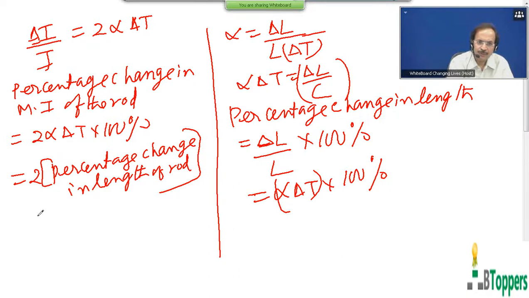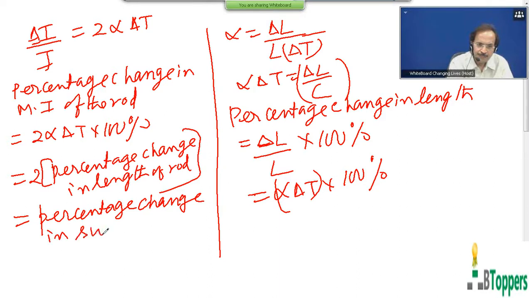Or you can also show it to be the same as the percentage change in the area of the rod. A similar conclusion can be written for other uniform regular solids.